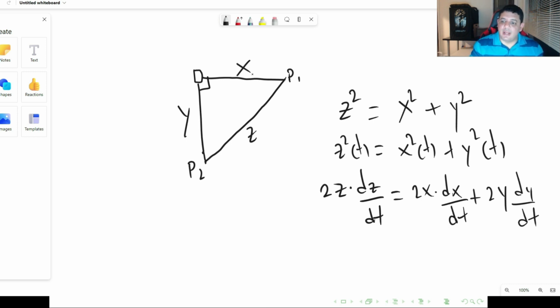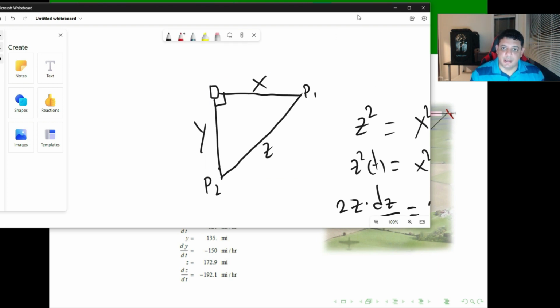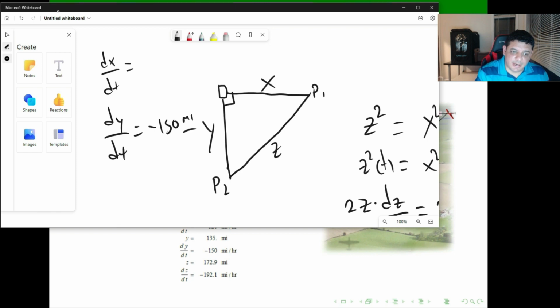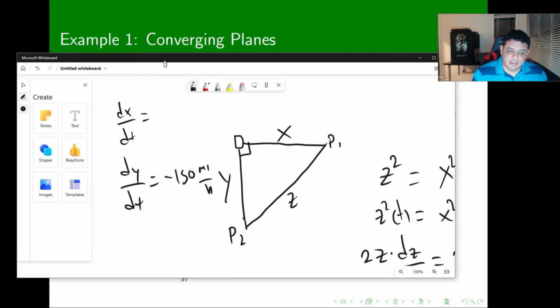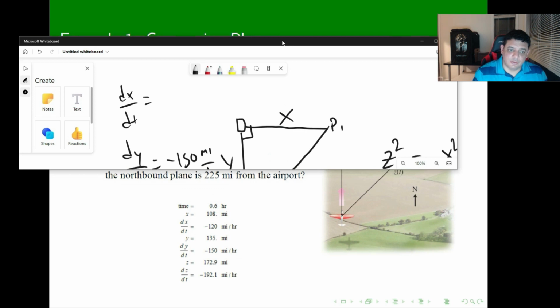Notice that we do have some information that we can use. We can use information about the rate of change. So we know dx/dt, this is given, and we know dy/dt, that's also given. We know that dy/dt is minus 150 miles per hour, and we know that dx/dt was minus 120, right?